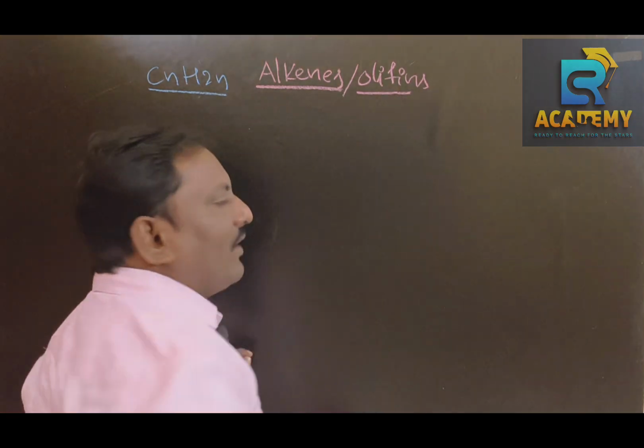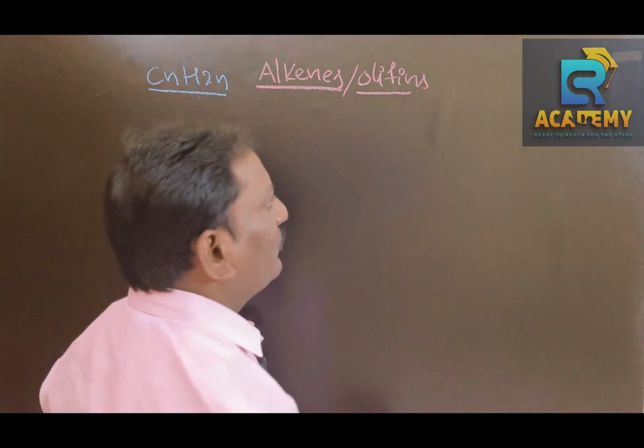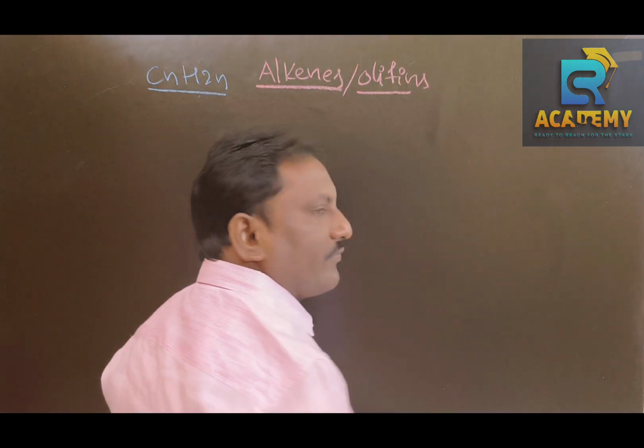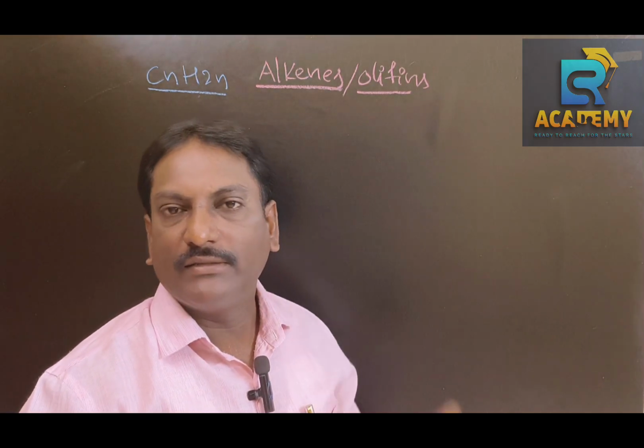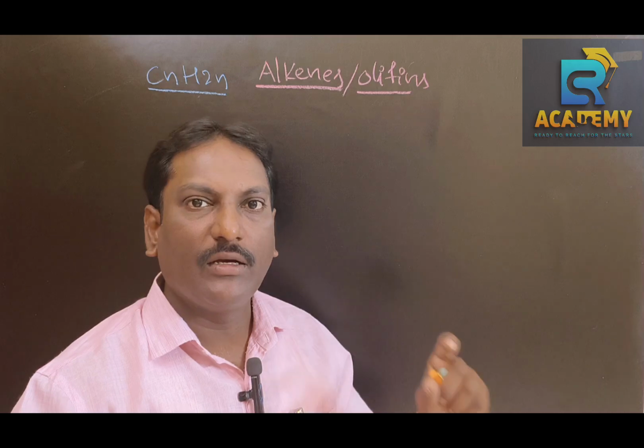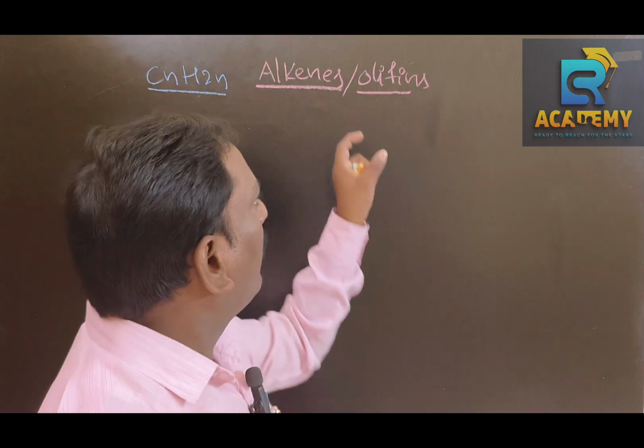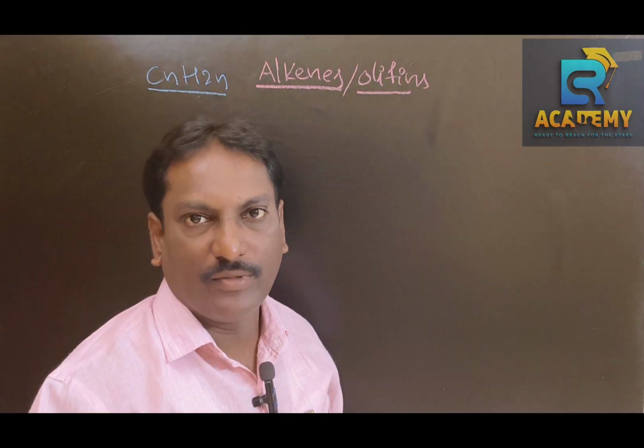To draw the structures of alkenes, first of all we have to know the word root, that means what name must be given to the alkenes if they consist of 1 to 10 carbons.